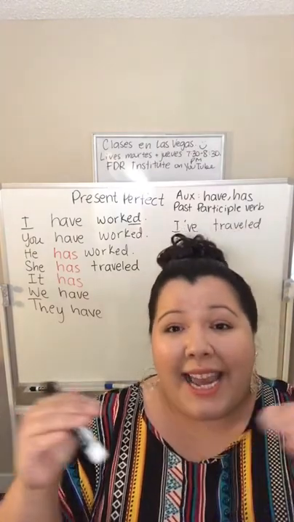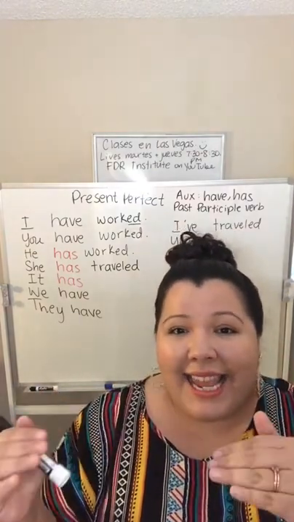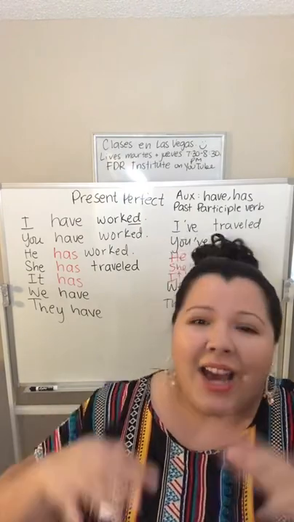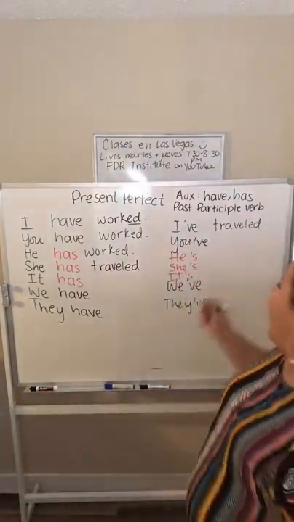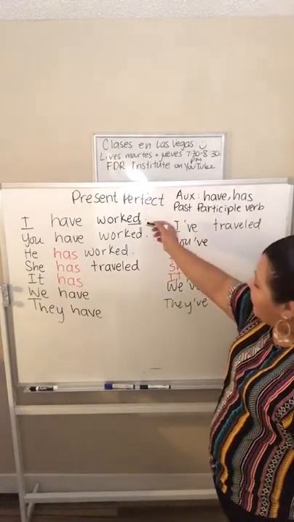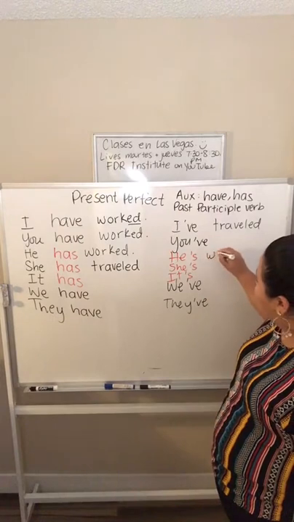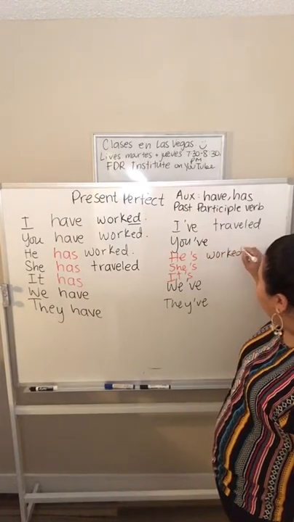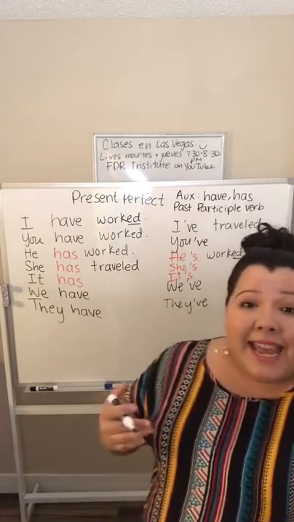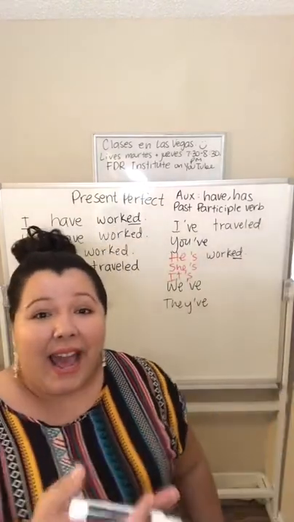Now, cuando es el verbo auxiliar has, he has, she has, it has, él ha, ella ha, algo ha, entonces va a ir siempre acompañado de un verbo en el pasado participio. Como dijimos aquí, he's worked. Right? Este verbo está en pasado participio, so se puede entender que es ha trabajado.